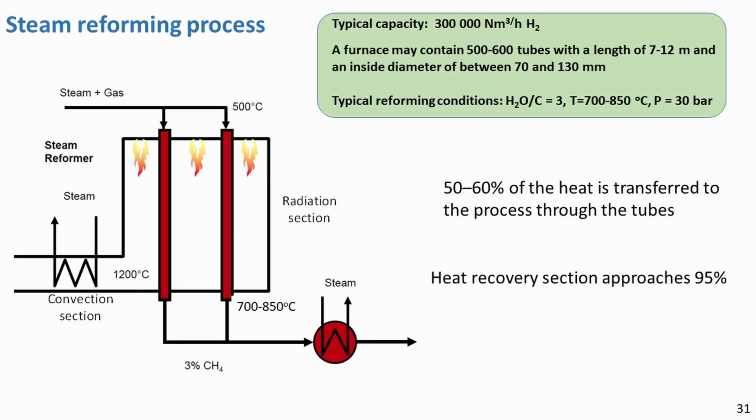The tubular reformer. In the tubular reformer, the catalyst is placed in a number of high-alloy reforming tubes placed in the furnace. The outer diameter of the tubes ranges typically from 100 to 200 millimeters and the tube length from 10 to 13 meters.